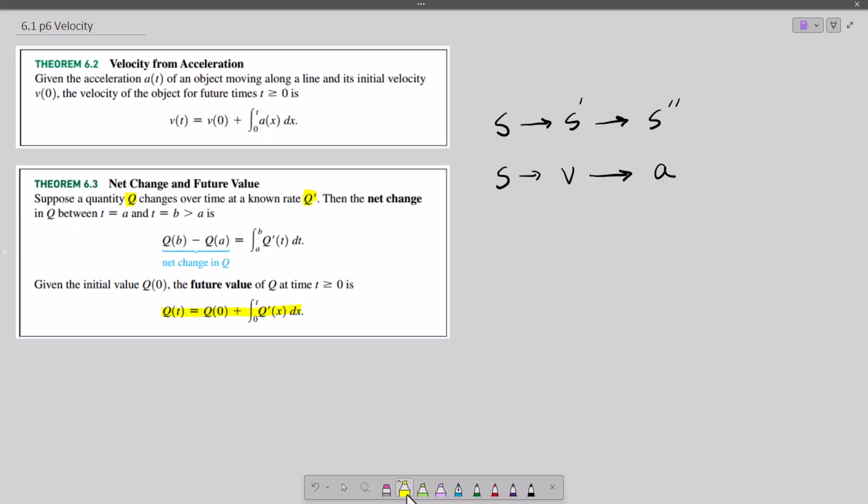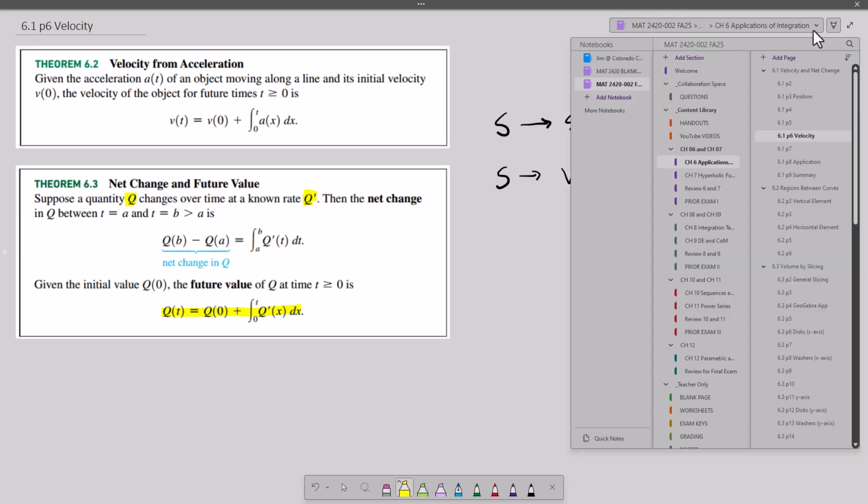Initial position, not position anymore, but initial population, so the starting population. And then this quantity is going to give you the change in population over time, and then we add those two together and we predict what's going to happen in the future. So this is a generalization of the physics. The physics concept you can really tangibly understand, and then we generalize it to more general situations. So that is going to be where we're going.